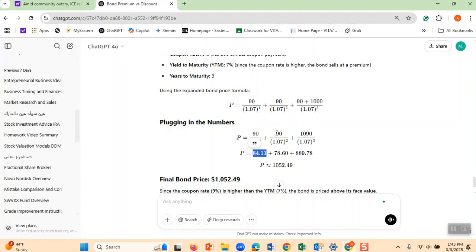Then the $90 that he is giving you as a coupon payment 2 years from now, in today's money, in present value, is $78. And the amount that he is giving you in year 3, $90 and $1,000, in today's money, is $889. You add all of these, that means you are getting the present value of all these calculations and bringing it to today's money.